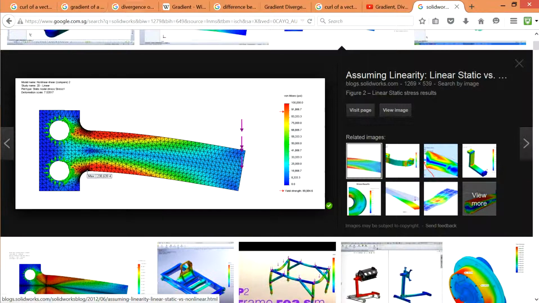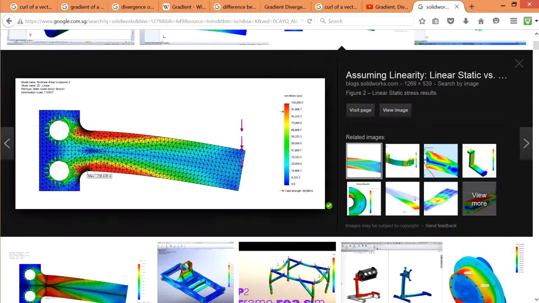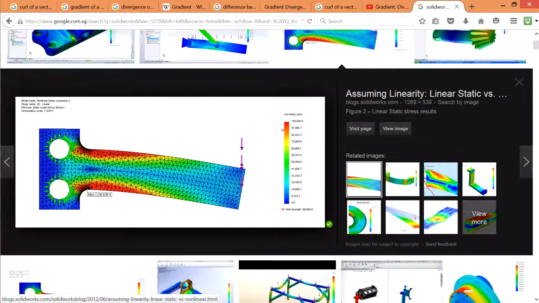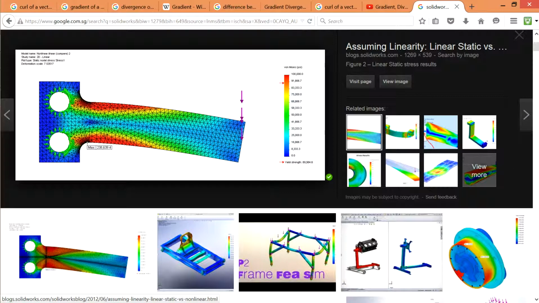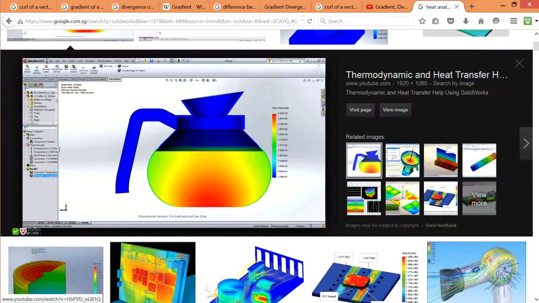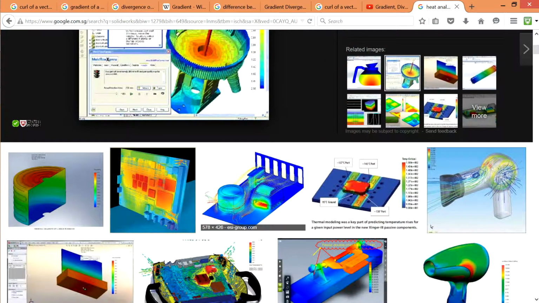These are in fact the works of divergence and gradients, and if you go into things like heat transfer, you'll get to know that the heat analysis or thermodynamics of a certain analysis on SolidWorks, the gradients are all talking about that, and the curl is all present in this picture itself.